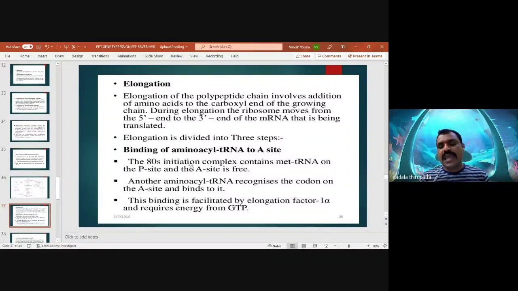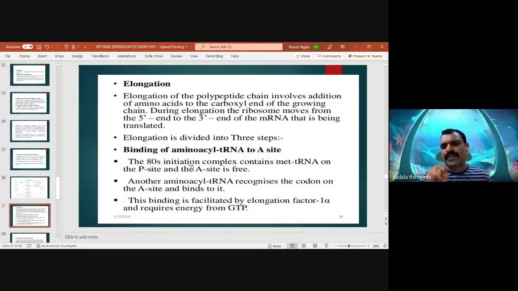Remember, my dear friends, the ribosome consists of 4 binding sites. How many sites does the ribosome possess? 4 binding sites, located on the ribosome.